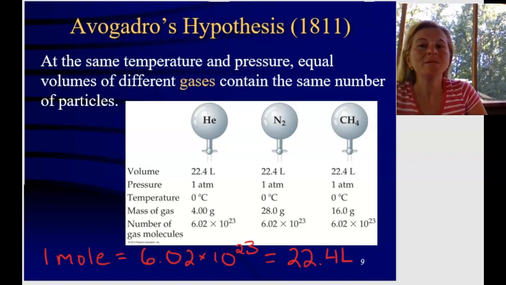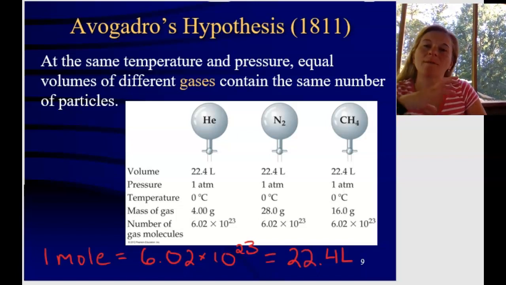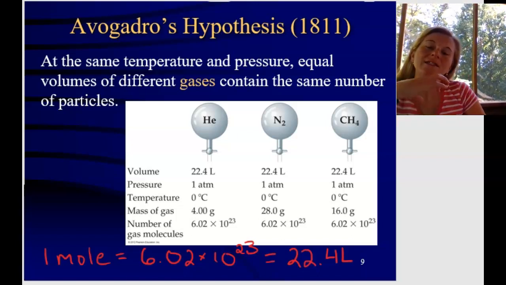So when we have the same temperature and pressure held constant, gases that are not being compressed or expanded, that are held at the same volume, 22.4 liters, will have the same number of particles. So here's an example: helium, nitrogen, and methane.